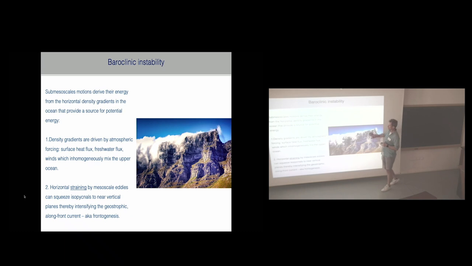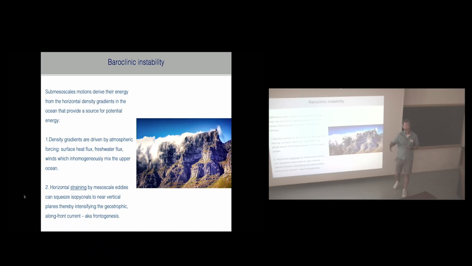So now if you think of yourself as standing at the base of Table Mountain and looking up, and now you're in the ocean, and this is the mixed layer, you can imagine that on this side we have this dense rock. In terms of the ocean, this would be a dense side of a front, and you're sitting in the lighter side of a front, looking up at this enormous mixed layer.